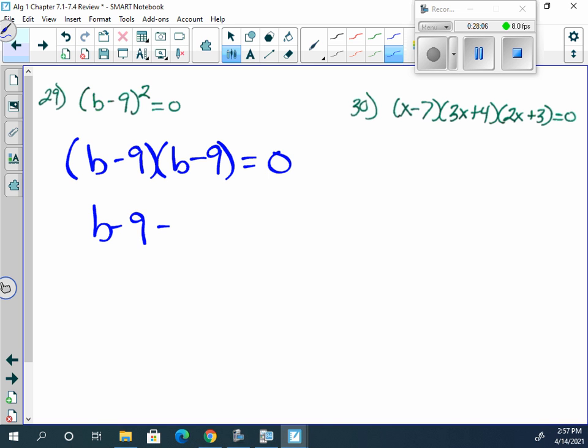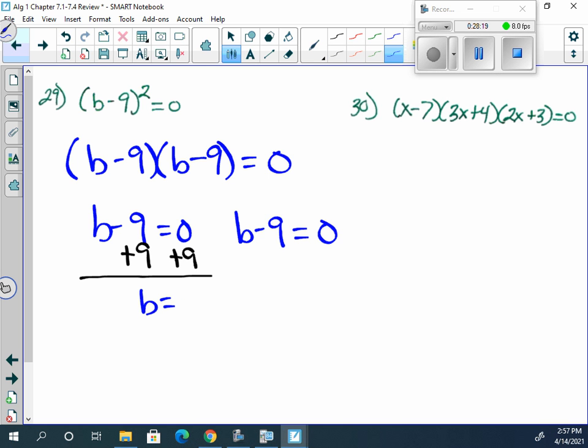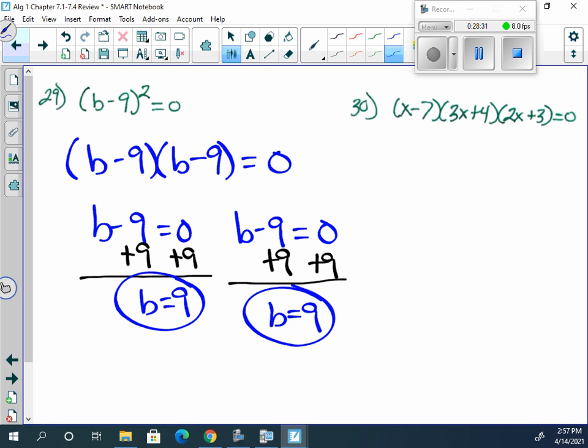So we have b minus 9 is equal to 0, or b minus 9 is equal to 0. So on the first one here, we can add 9 to both sides, and we get b is equal to 9. I can do it over here, and I get b is equal to 9. So we got two answers, but how many unique answers did we get?